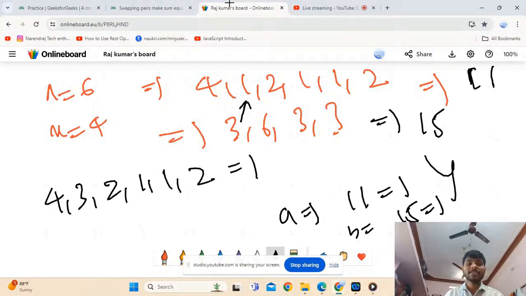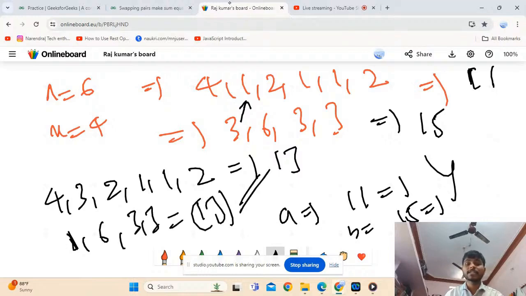The total sum is 4 plus 3 is 7, and the rest makes 13. The other array becomes 1 plus 1, 6, 3, 3, which is also 13. So both array sums are equal.